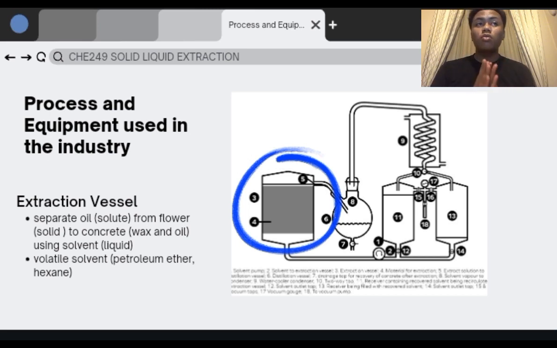The solvent that will be used is a volatile solvent, such as petroleum ether and hexane. Moreover, solvent extraction typically produces a finer fragrance than most other extraction methods, which further increases its appeal for certain applications. And that's all the process and equipment used in the industry from me, and I pass to Faiz for the next topic.